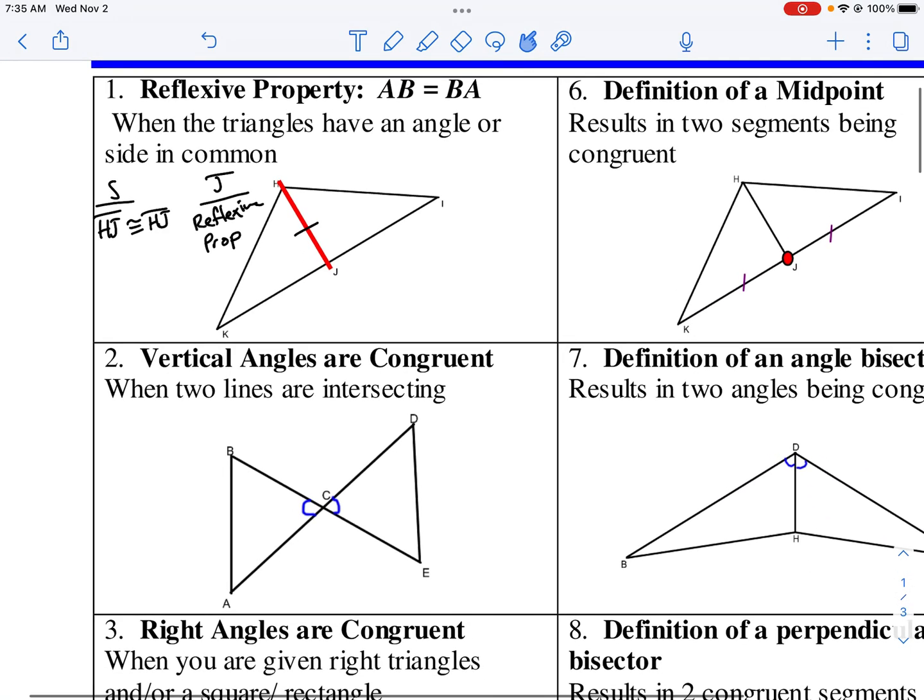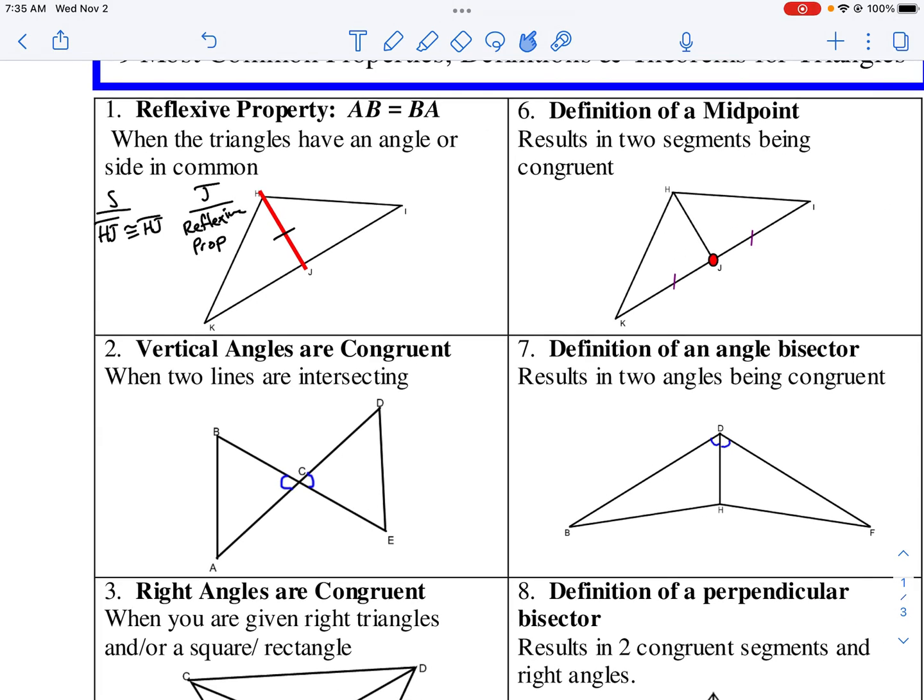And notice reflexive property is number one. What's number two? Vertical angles. We learned if you have a bow tie or an hourglass, you have vertical angles.